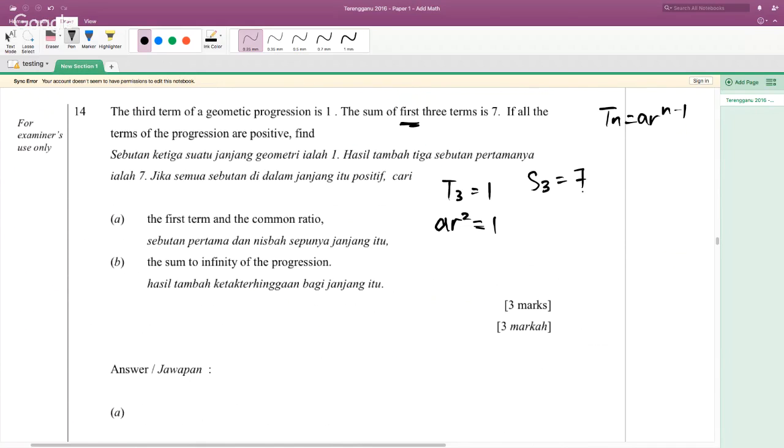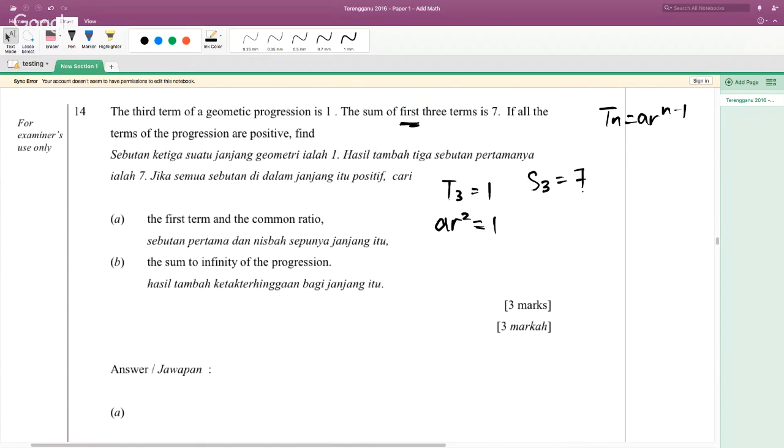So let me see, do I have any more hints here? Sum of the first three terms is 7. The third term is 1. It's interesting because we have no way to actually tell whether r is bigger than 1 or less than 1.